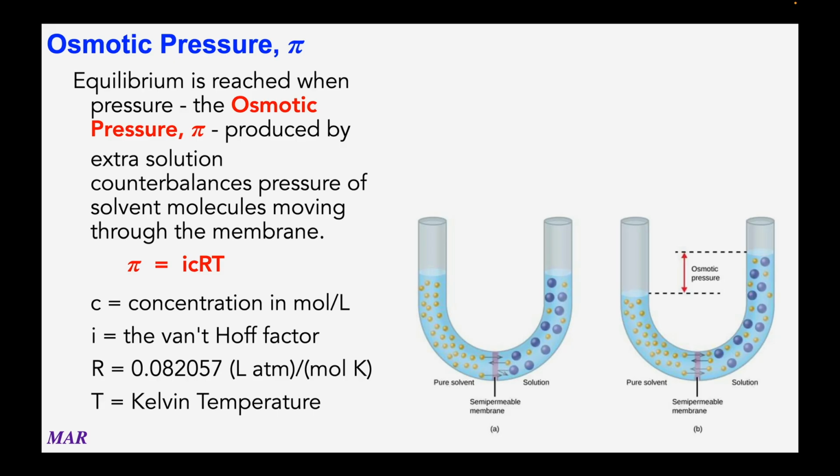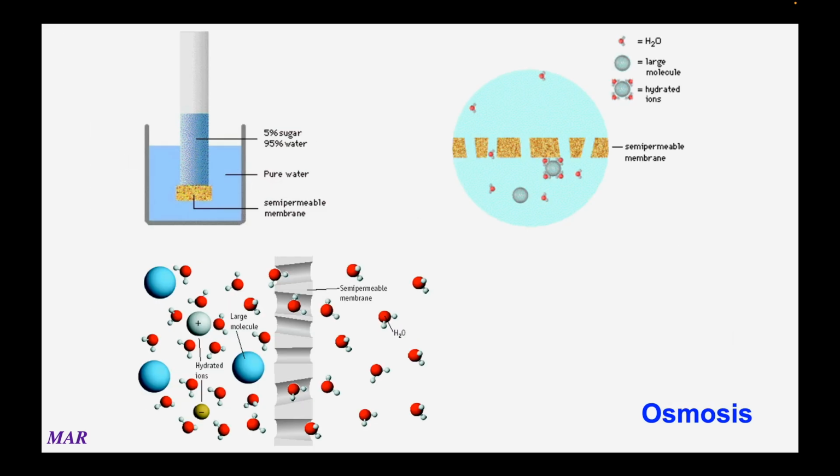So on the right-hand side there, you can see in the solution, you have a measurable distance between the pure solvent and the solution. You can turn that millimeters of mercury into atmospheres using 760 millimeters of mercury, stuff like that. Totally amazing. When a solution and a pure solvent are separated by a semi-permeable membrane, solvent can flow in both directions, but the solute cannot.